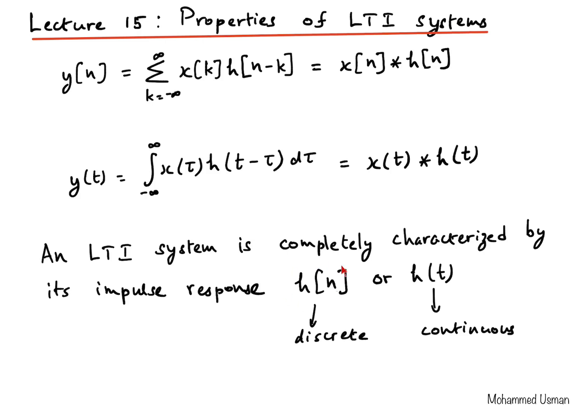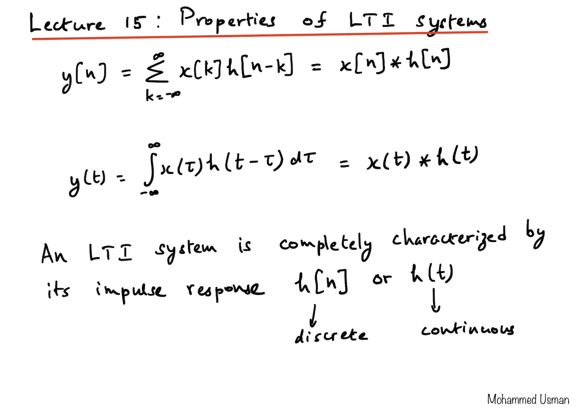Okay, so h of n is the discrete impulse response for the discrete system, and h of t is the impulse response of the continuous time case. So depending on whether the system is a discrete or continuous time system, we can completely describe the system based on its impulse response. Okay, and that also implies that there will be no other system which has the same impulse response.